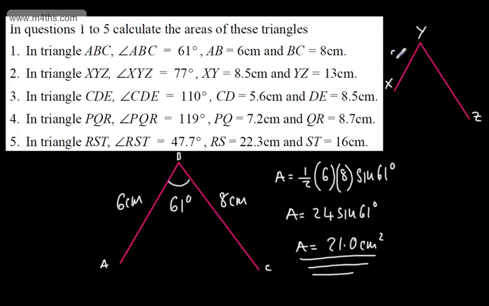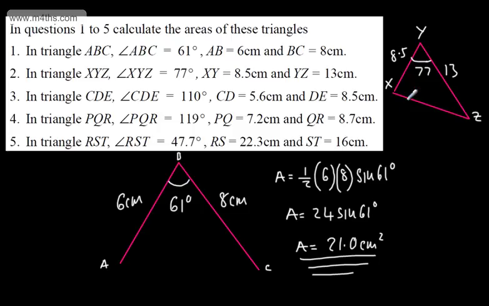So this is the 8.5, this is the 13, and then the angle is going to be here, which is 77. So once we've got this angle and these 2 lengths, remember we don't really need, we can of course put the line XZ on there, but it's going to be defined anyway, that won't change.